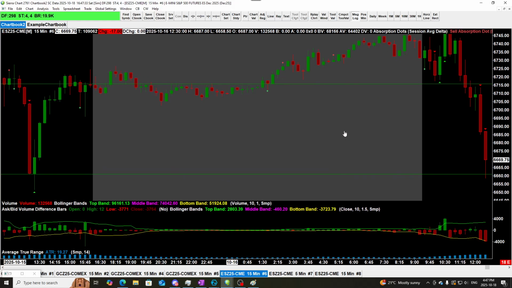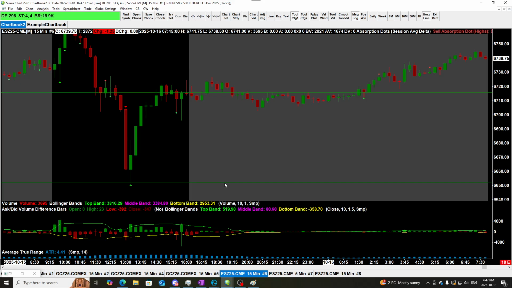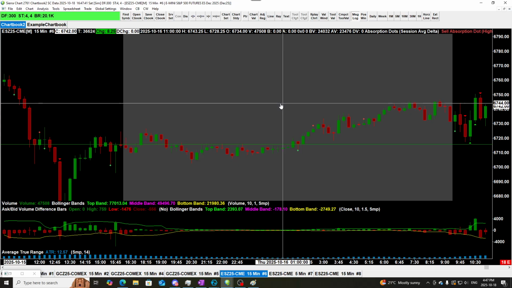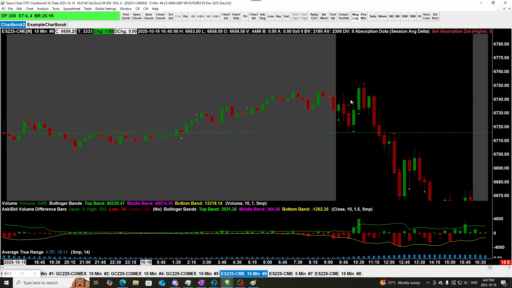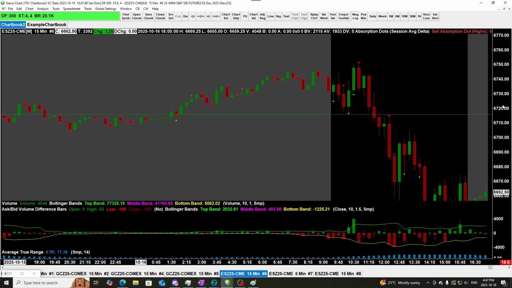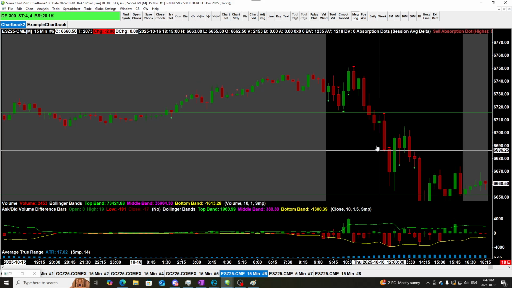Next day. Okay, and this was previous day low. Okay, so we open inside the range, and as soon as we closed below that VPOC, you can see the real action.